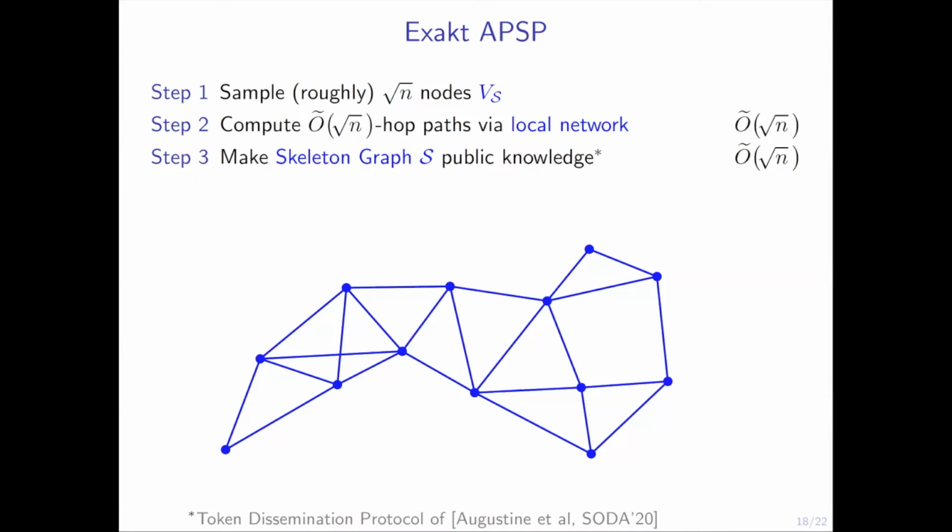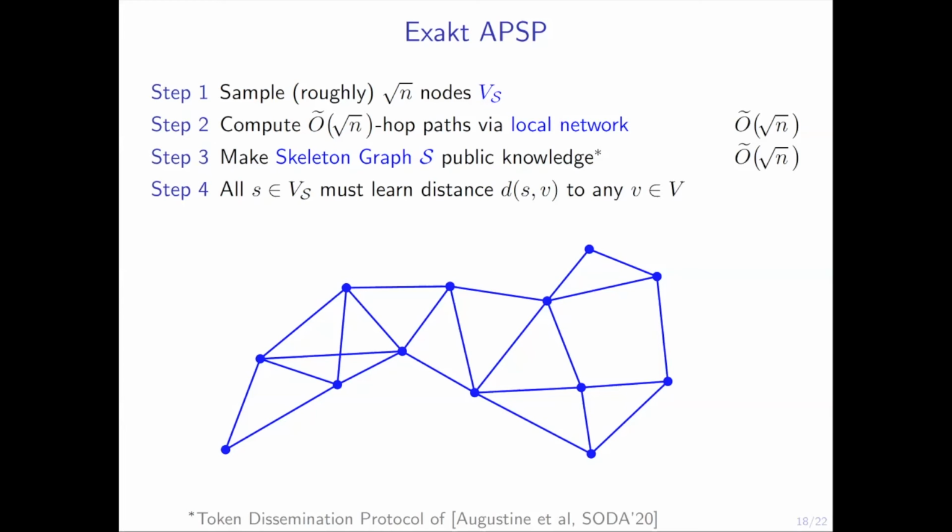Since now each node has public knowledge of the complete skeleton graph, each node can compute its own distance to every skeleton node. And what we actually want is this the other way around. We want each skeleton node to learn its distance to every other node, because we can easily extend such a solution to the whole graph.